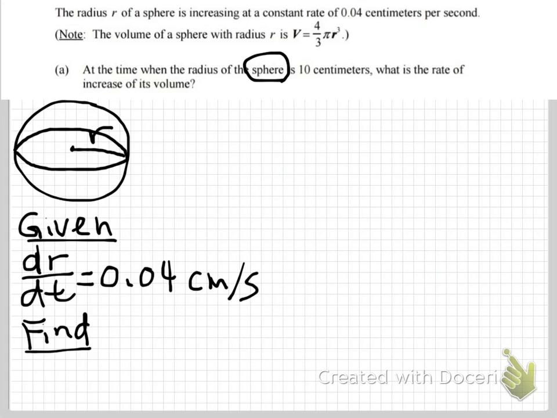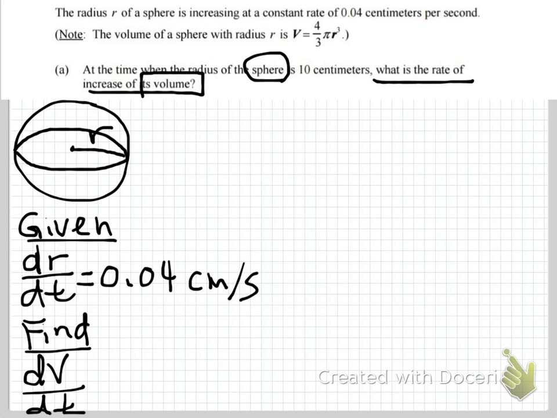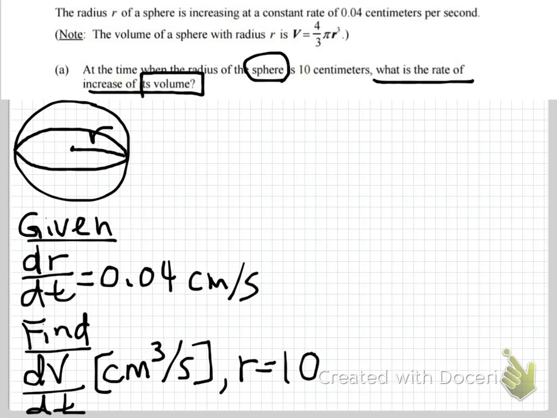I want to find what is the rate of increase of its volume. Okay, so I want to find dV over dt. And I know the units for that are centimeters cubed per second. I want to figure that out when R equals 10.